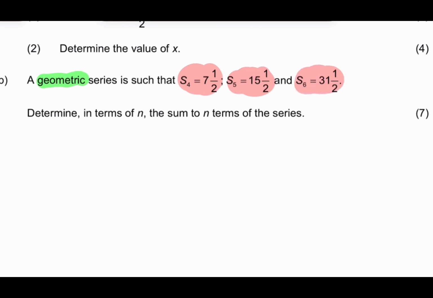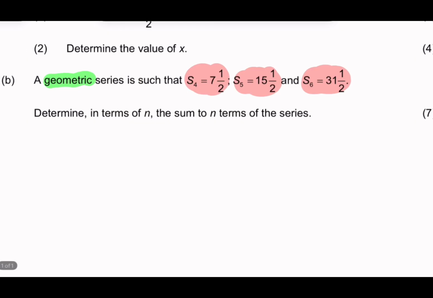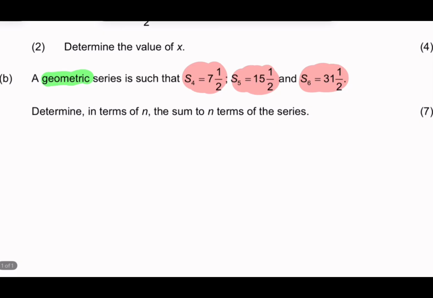The requirement is that we need to determine, in terms of n, the sum to n terms of the series. So we know the sum to n terms in general is like this for a geometric series. Obviously, I'm careful to remember that.